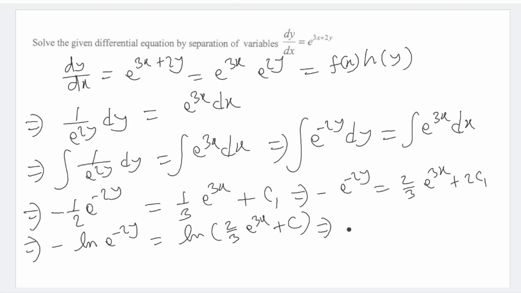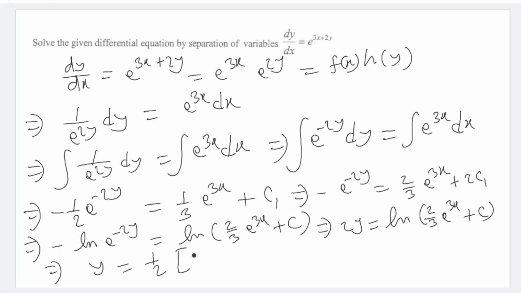So this one we can write minus 2y equals ln of 2 by 3 e power 3x plus c. So we can say y equals half ln 2 by 3 e power 3x plus c. So this is the answer for this question. In the next slide we will discuss another example.